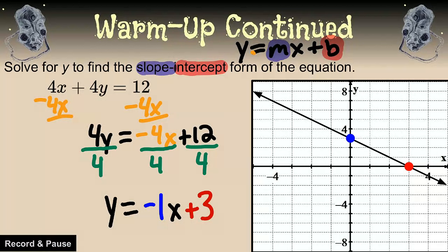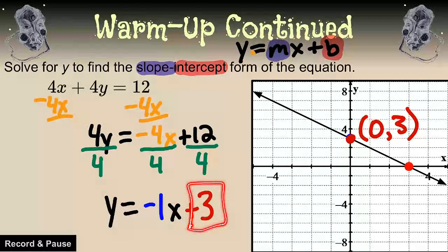So if we look at our equation, here is our point (0, 3) that comes from the slope-intercept form of the equation right there. And we can also see that our slope is negative 1. And I'll just go in between the 2 points there, our x-intercept and our y-intercept.